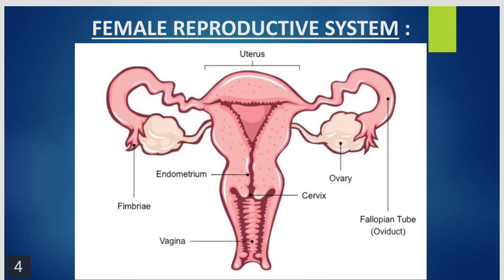The thickness of this layer increases gradually soon after the menstruation. Now you see, the wall is becoming thick, the endometrium becomes thick and it is ready to receive the embryo if there is fertilization.